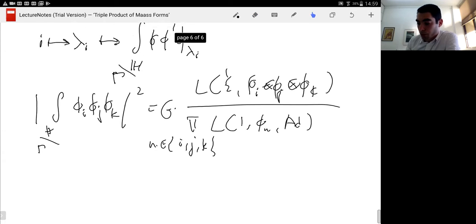And it turns out that this triple product gives us a relationship between values of these L functions. So now I'd like to take a few words just to talk about how Bernstein and Reznikov approached the question of saying meaningful things about the asymptotic of this sequence of numbers.